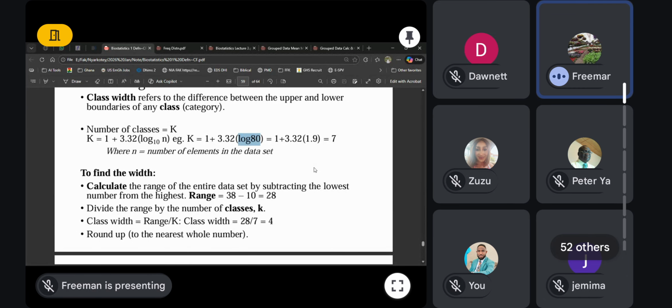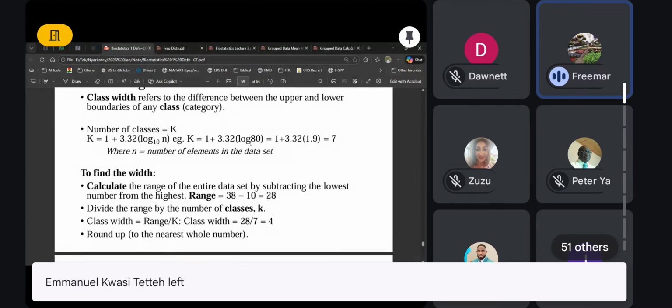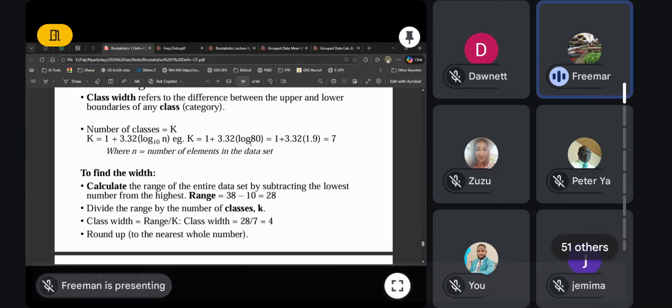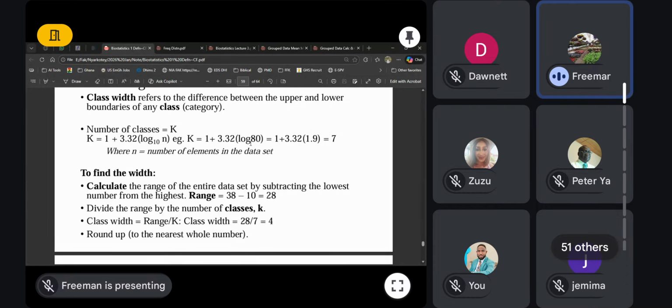Now life is easy. Gone were the days you had to do some gymnastics to get a value of this log 80. We even had a table or a book called four-figure table that you can go and read this log from. But now life is comfortable.